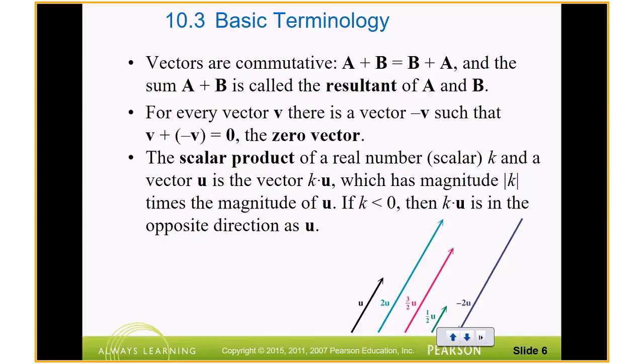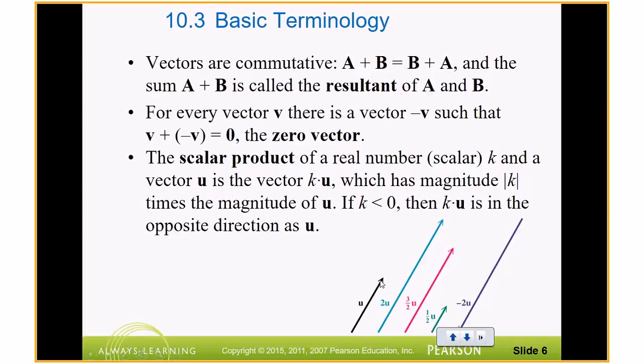For every vector, there is an opposite vector. We talked about that. And scalar product, scalar vector, is basically a coefficient in front of the vector, like 3 times vector v. So instead of just vector v, it'd be 3 times that, which would be a longer one, and that's what they're showing you here.